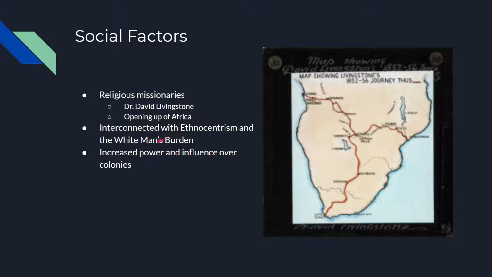Another reason why this social factor was a big player in increasing power was if you can control the religion of a particular people, then you can increase your power and influence over those countries. If you have a country that is Christian where you're also Christian, you might have fewer rebellions, you might have more cooperation with that country and with the people.